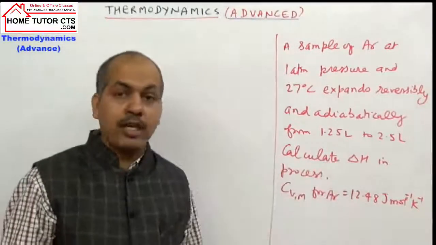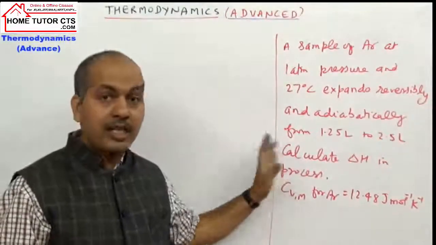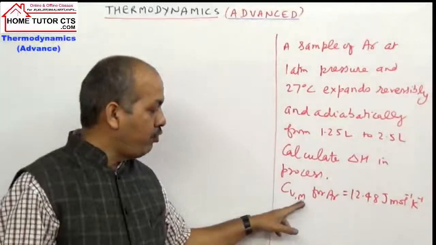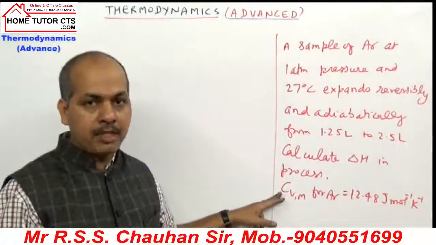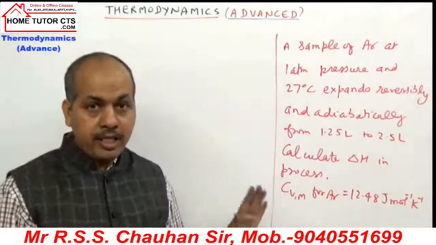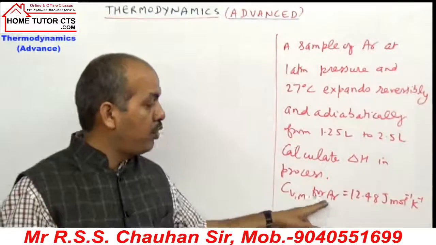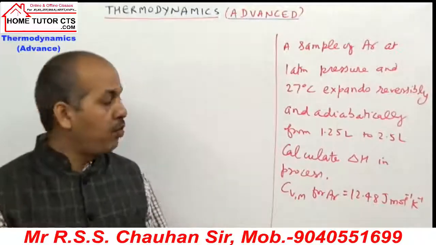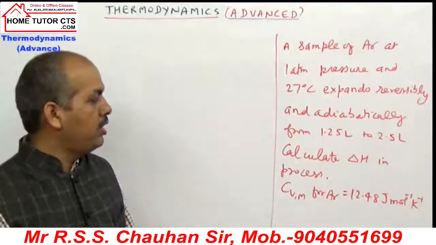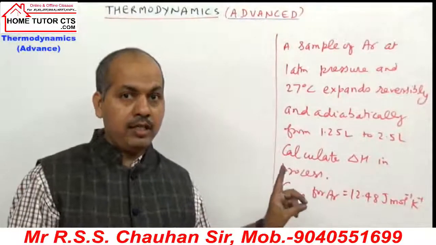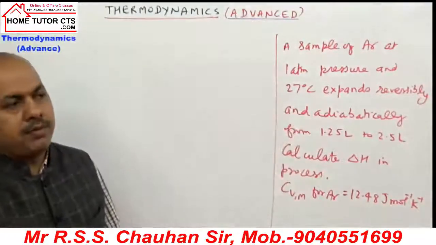Calculate delta H in the process. Given CVM. What is CVM? M for molar, V for constant volume, C for heat capacity. So the molar heat capacity at constant volume for argon is 12.48 joules per mole per Kelvin. Okay. So read the question carefully and try this question yourself.